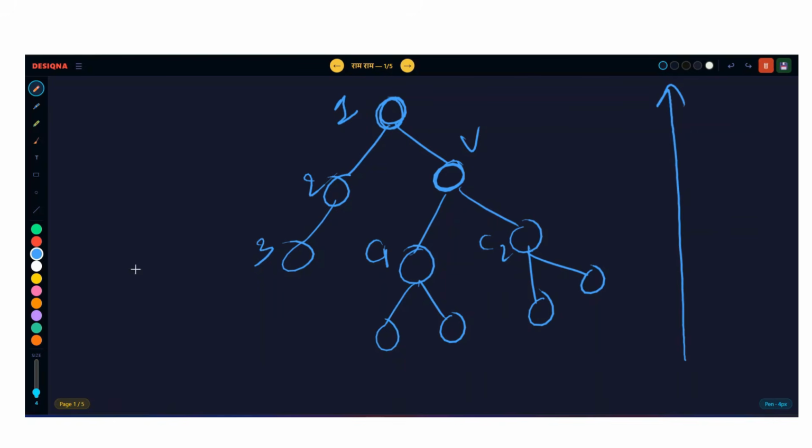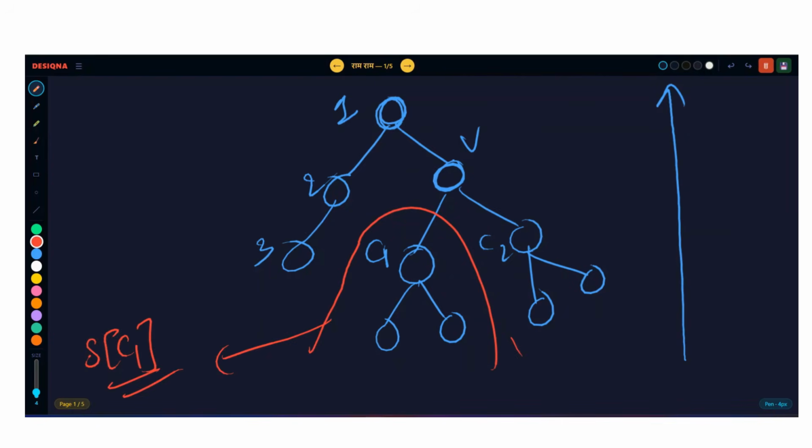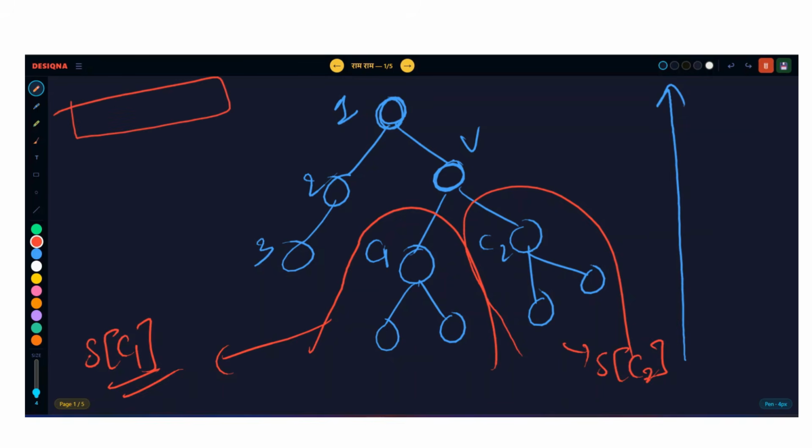You know the values of the sizes. So for V, the first branch is this one, and its size is S of C1, which you have pre-calculated. The second branch is this one, S of C2. So in the B array which I am calculating, the first branch count will be S of C1, and the second branch count will be S of C2.